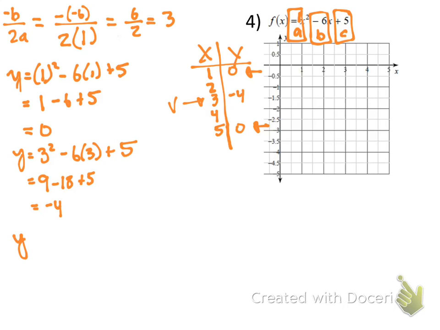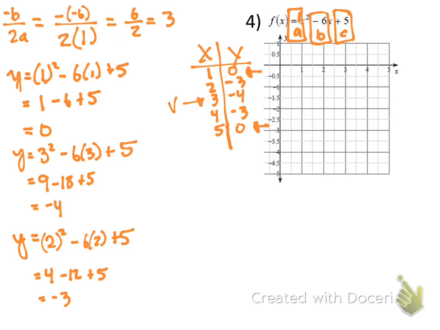So we got y is equal to 2 squared minus 6 times 2 plus 5. 2 squared is equal to 4 minus 12 plus 5. 4 minus 12 is negative 8. Negative 8 plus 5 is equal to negative 3. Okay. So we got negative 3 over here.